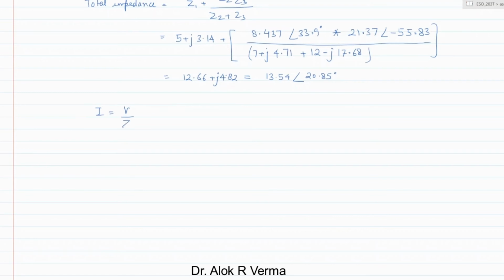I is nothing but V by Z. So here in this case, the voltage is divided by Z, which comes out to be, first in polar form, 16.99 angle of minus 20.85, and in rectangular form, it will be 15.87 minus j of 6.05.